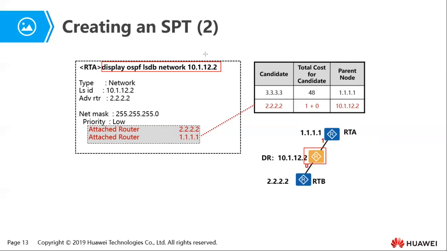From there we have the LSA header, we have the mask, but most importantly we have a list of attached routers.